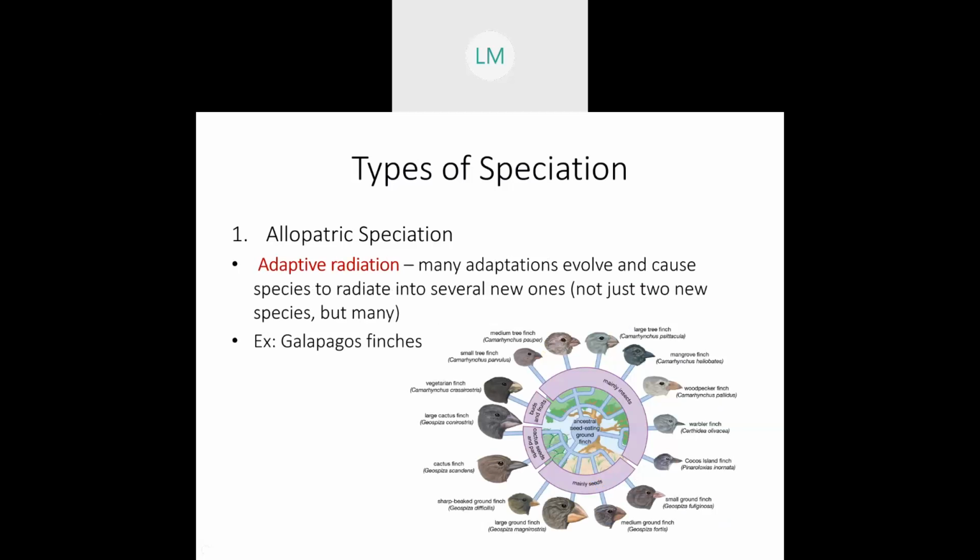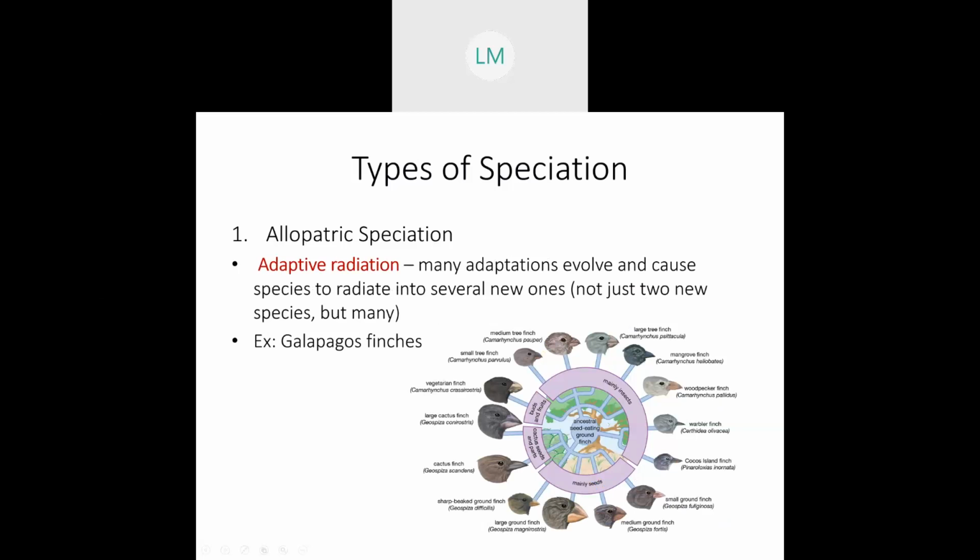We can also see allopatric speciation happening in something called adaptive radiation. This is basically where we are getting many, many adaptations evolving, rather than one species just splitting into two. This is one species that's splitting into several new ones, not just two species, but many species. The classic example of adaptive radiation is the Galapagos finches.